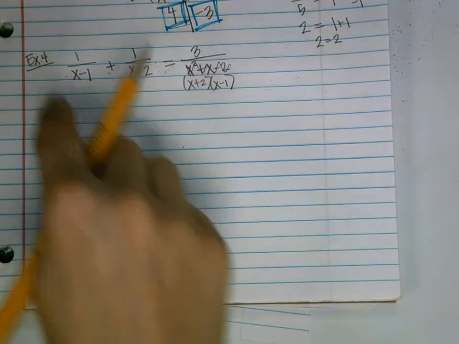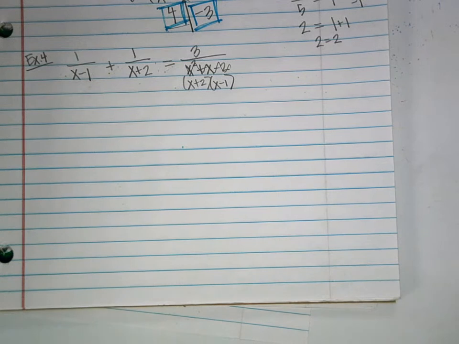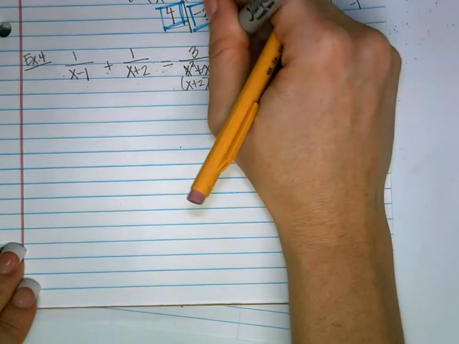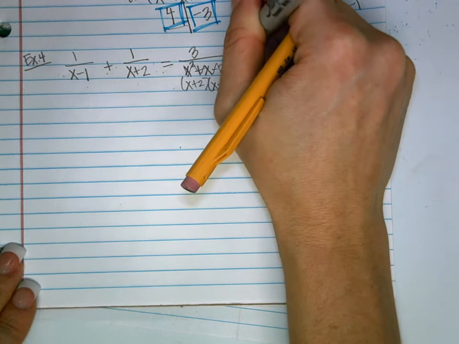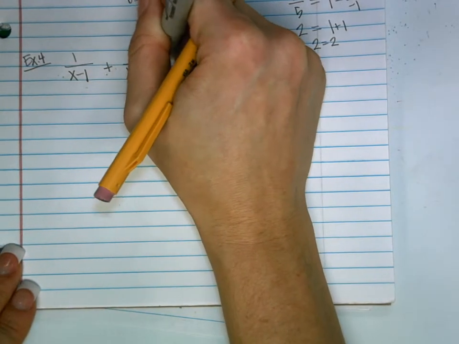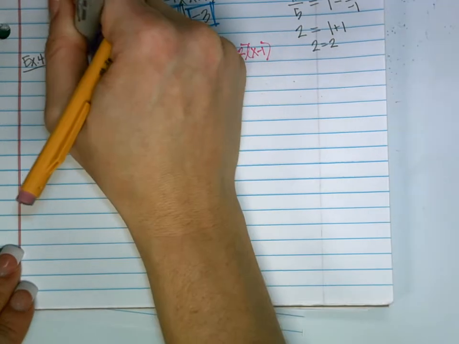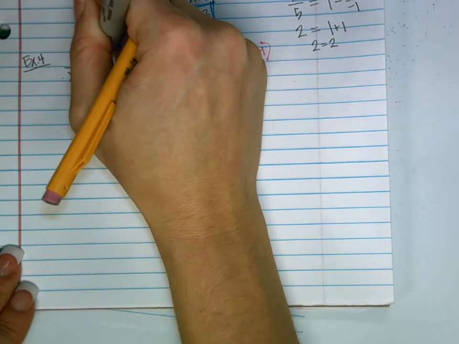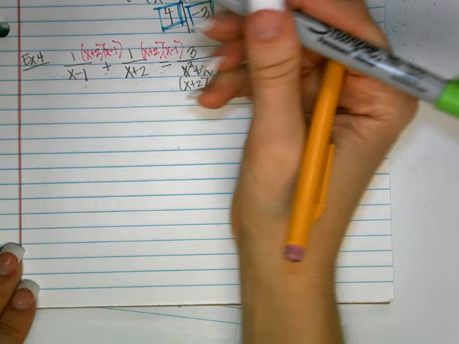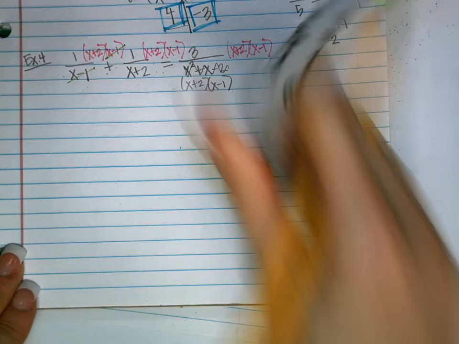So if I want to eliminate all these fractions, what would I have to multiply by? Both x plus 2 and x minus 1 for every single part, for all the parts. So in the first equation, the x minus 1s will reduce each other away.